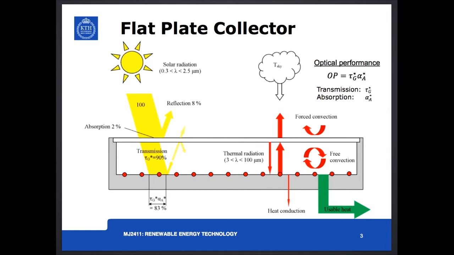As a result of the absorber heating up, it also emits thermal radiation and also loses heat through free convection. On the outside of the solar collector, we also have losses due to thermal radiation and forced convection, for example, due to the wind.